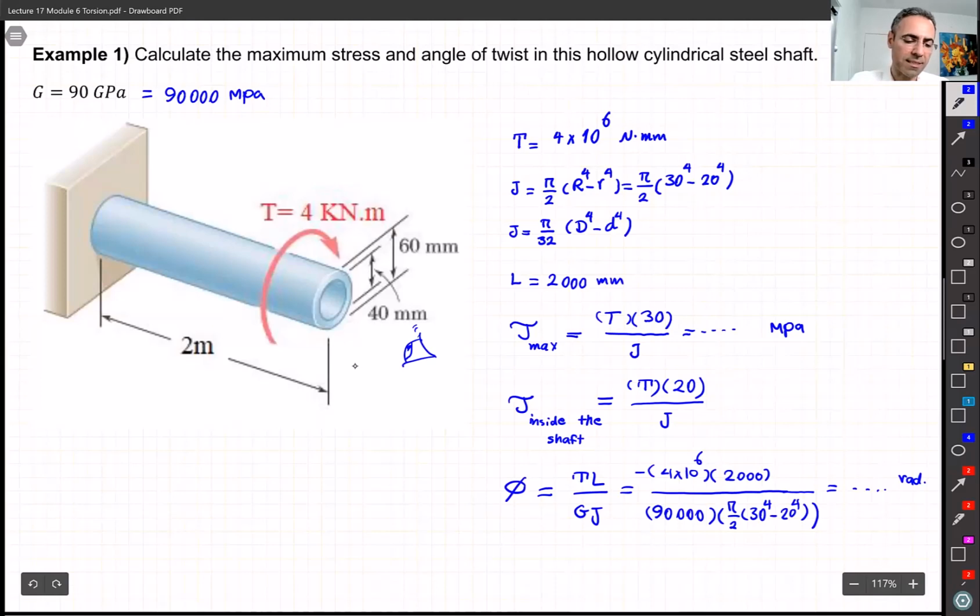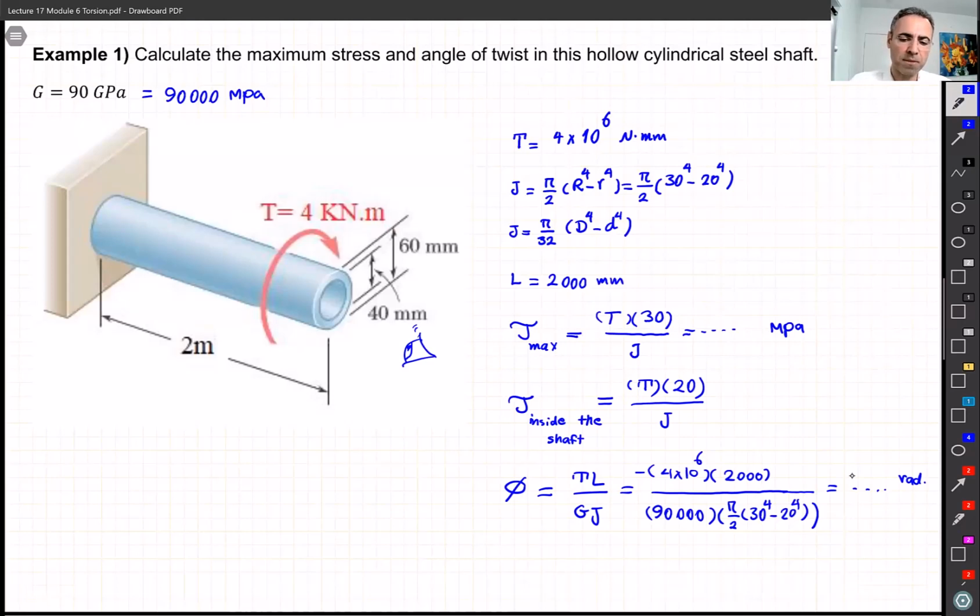So Mohammed is asking, what is the sign of this phi? We don't need to worry about the sign, but if you want to be accurate, if we put the sign for T, it means it's negative here. Remember, always for sign, we look from one end of the shaft, and because this T is clockwise, we put a negative here, we get a negative number, and negative always for us when it comes to rotation or twisting means clockwise.